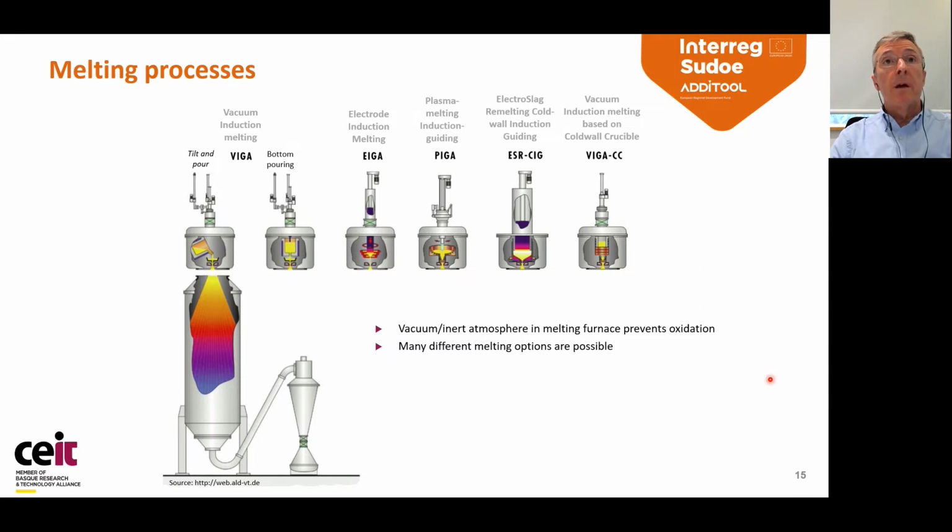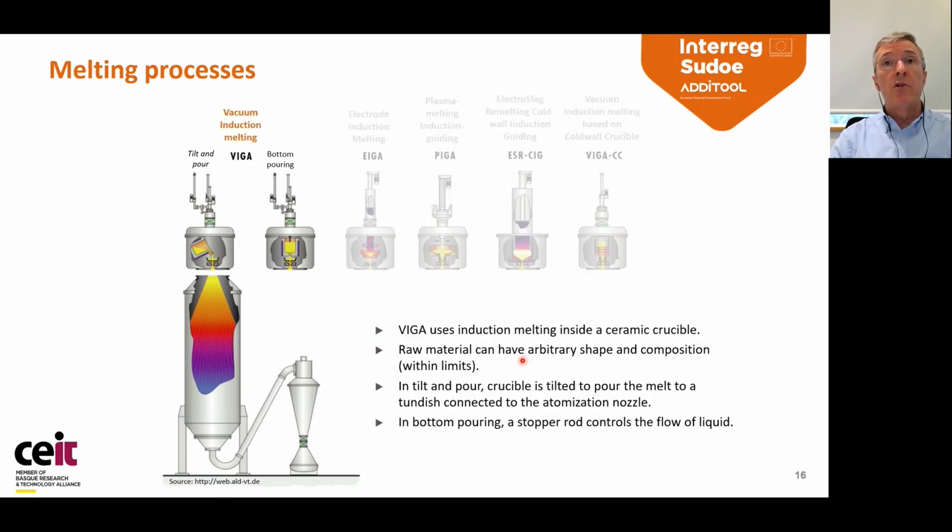And as you can see, it offers a number of melting processes, different melting principles. All of them use vacuum for melting to prevent oxidation. And in the last moment, just before atomization, the melting chamber is filled with inert gas. And there are basically two main options.